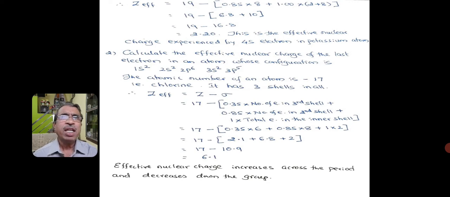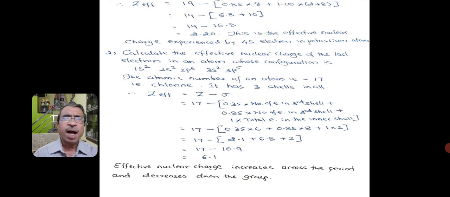Therefore, the effective nuclear charge of the 4s electron in potassium is 19 minus 0.85 into 8, that is 6.8, plus 1 into 10, that is 10. It will be 16.8. 19 minus 16.8 will be 2.20. This is the effective nuclear charge experienced by 4s electron in potassium atom.